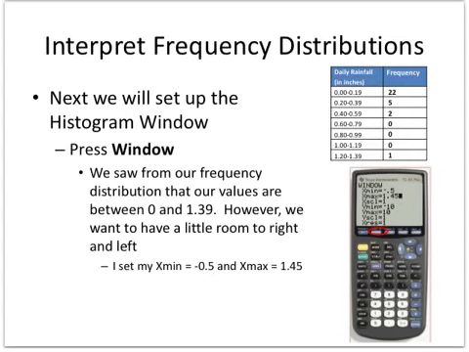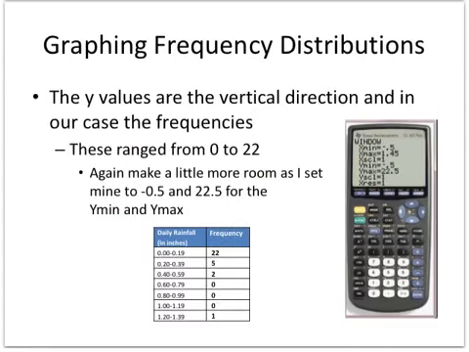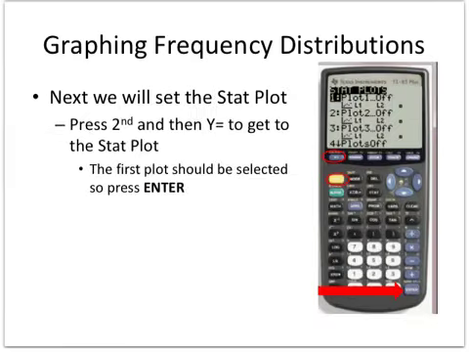From our frequency distribution, my values are from 0 to 1.39. This is my x-axis, the lowest x value and the highest x value. I normally go a little bit below and a little bit above. The same thing with the y values. The y values are my frequency, which is from 0 to 22. Again, I go a little bit below and a little bit above.